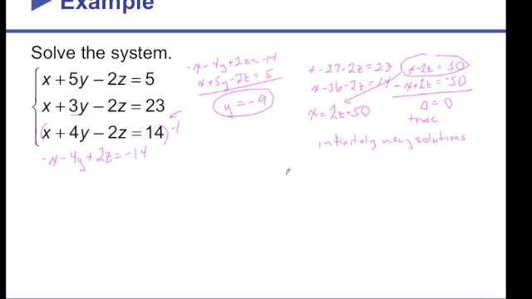So I have infinitely many solutions, but x will equal 2z plus 50, y will equal negative 9, and z will be any real number. So this becomes my solutions.